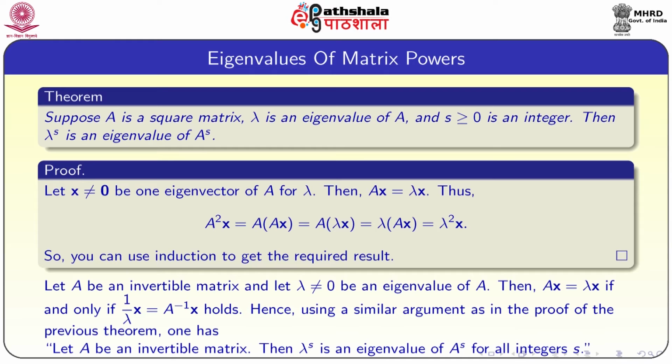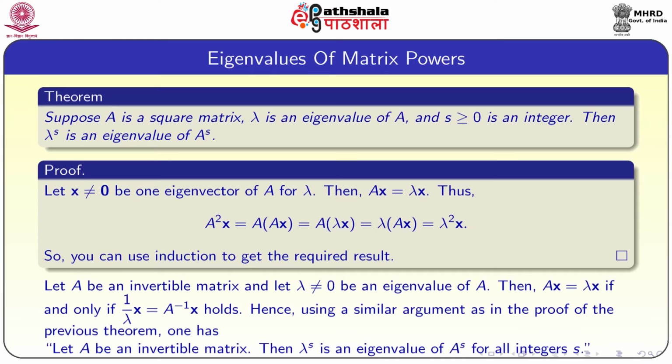Then Ax equals lambda x for some x, an eigenvector of lambda. This holds if and only if 1 by lambda into x equals A inverse into x. That means A inverse into x equals 1 by lambda into x.